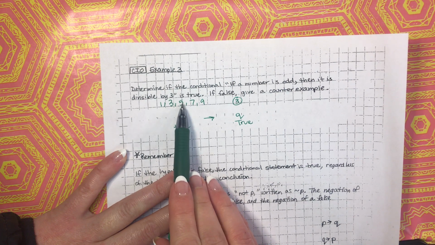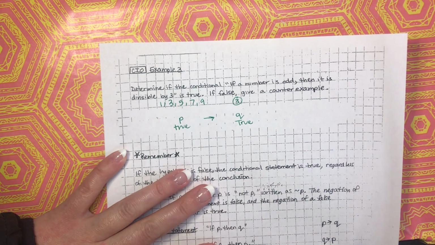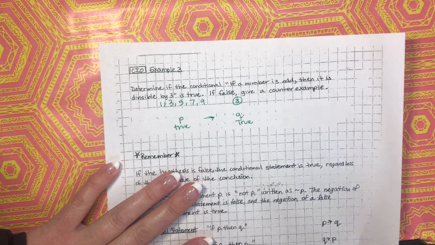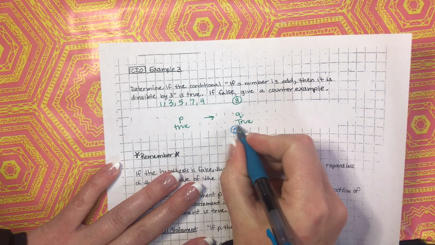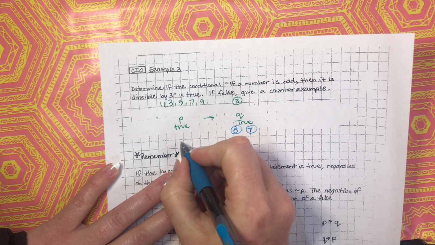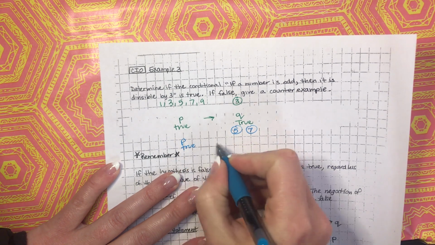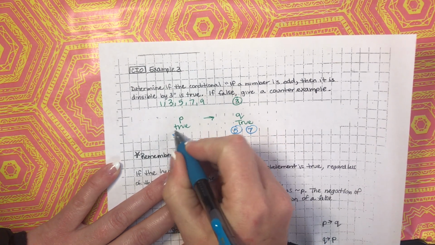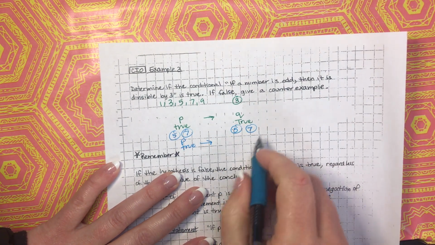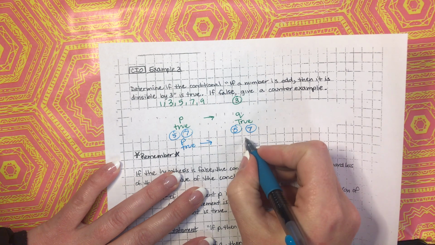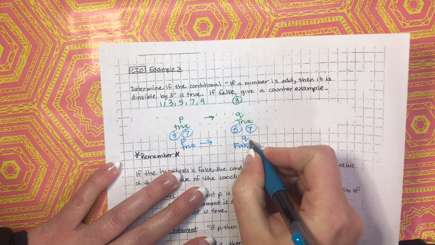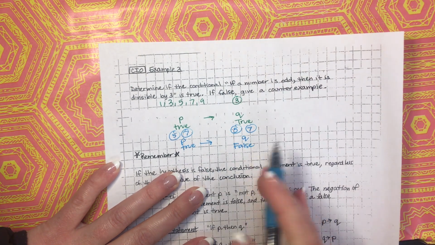Yeah, 5. 5 is not divisible by 3. 7 is not divisible by 3. And if we were to look at 5 and 7, and there are a lot more, right? We looked at those numbers, and our hypothesis is true. They're odd numbers, right? 5 and 7, they are odd numbers. However, they are not divisible by 3, so that would mean that our conclusion would be false. All right, and that is the truth value.